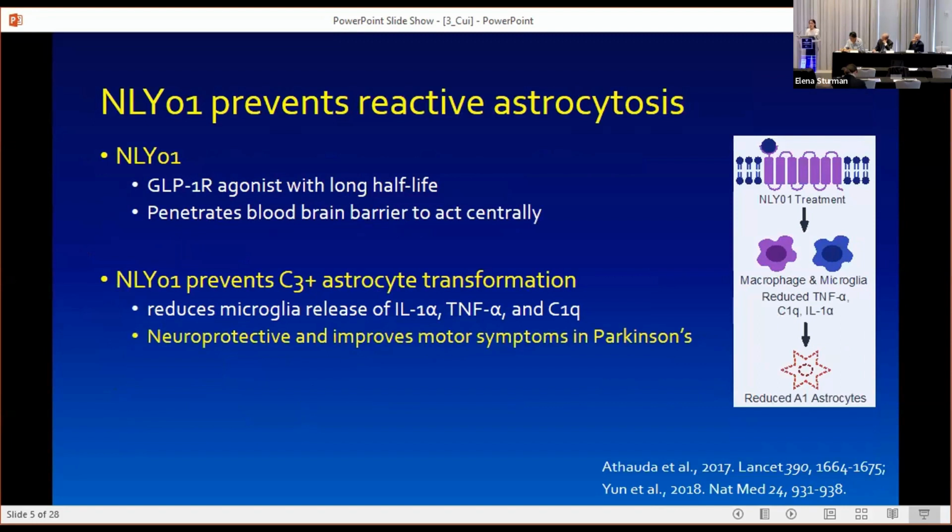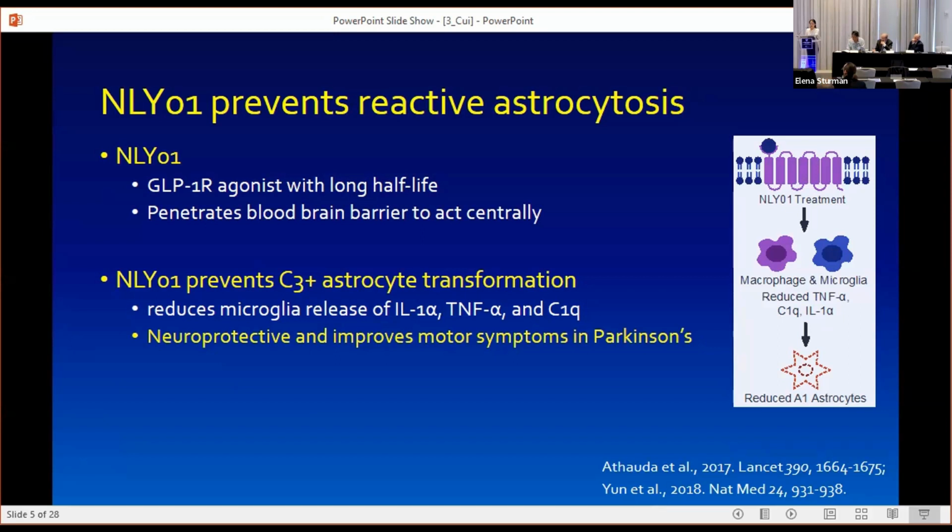So NLY-01 is an experimental GLP-1 receptor agonist that has good CNS penetration and a long half-life. It penetrates the blood-brain barrier quite easily to act centrally. And in a study published in 2018 in Nature Medicine, in a mouse model of Parkinson's, NLY-01 was found to prevent C3 positive astrocyte transformation.